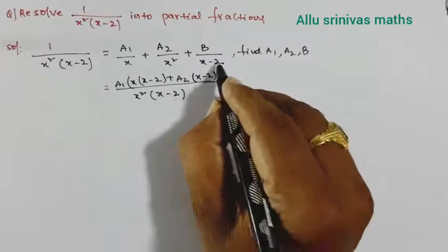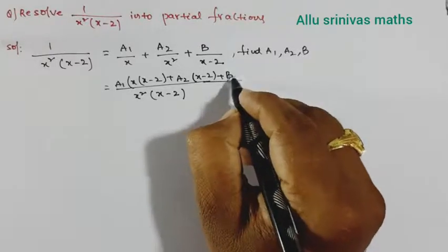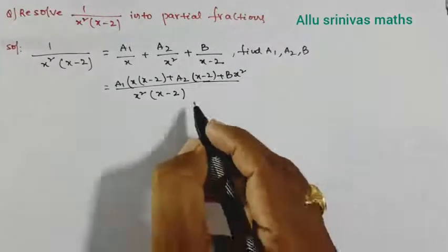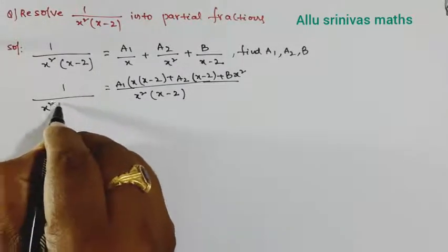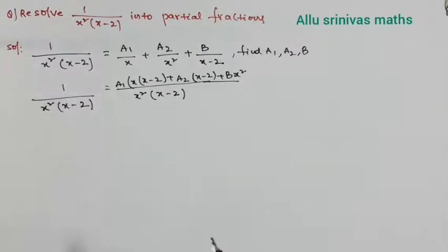If this is divided by x minus 2, you get b times x square, as well as writing the LHS 1 by x square into x minus 2.